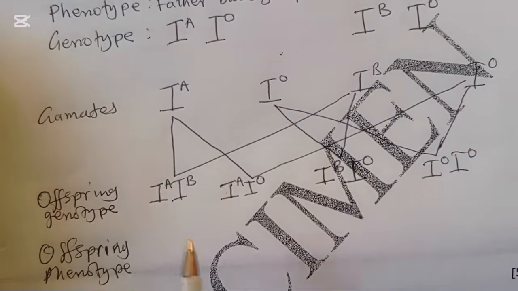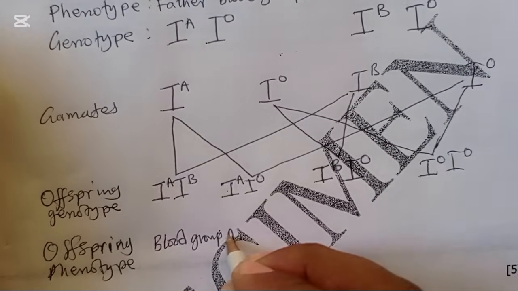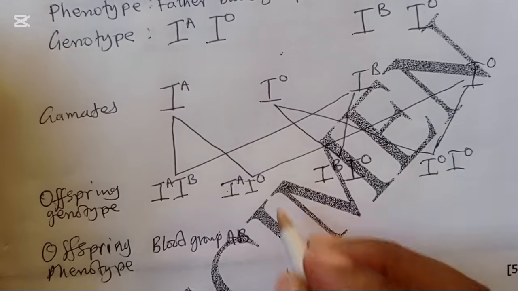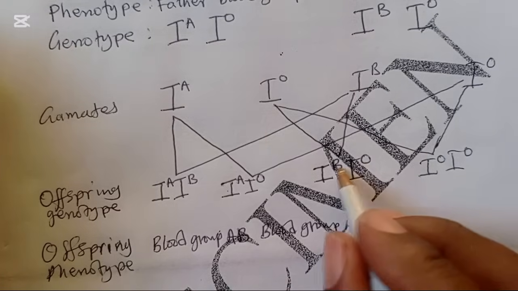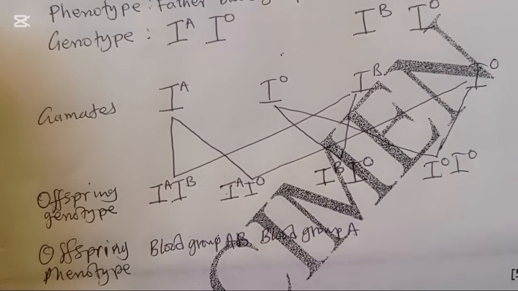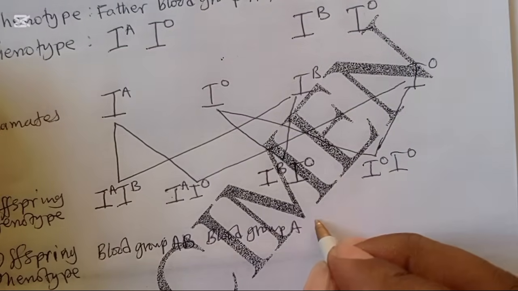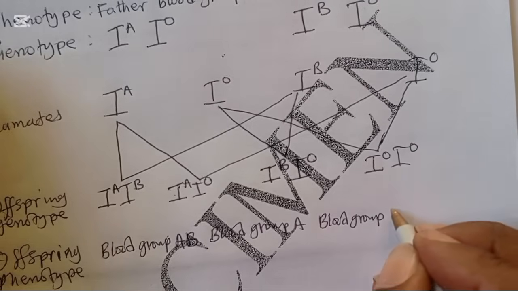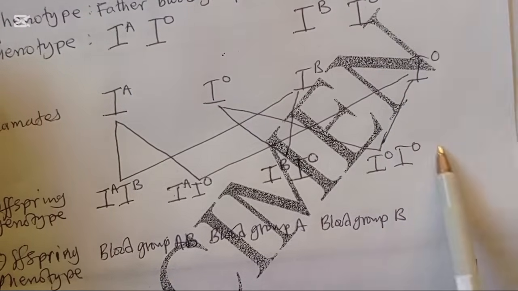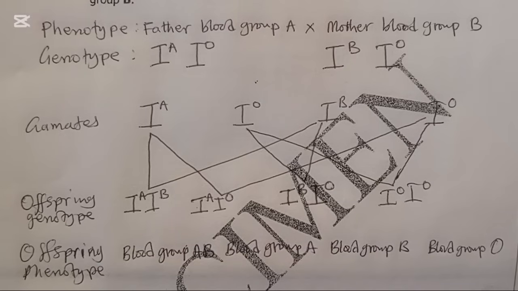So AB, that is blood group AB. AO, that is blood group A. BO, that is blood group B. Then we have OO, that is blood group O. This is what we have, and you'll be awarded 5 marks.